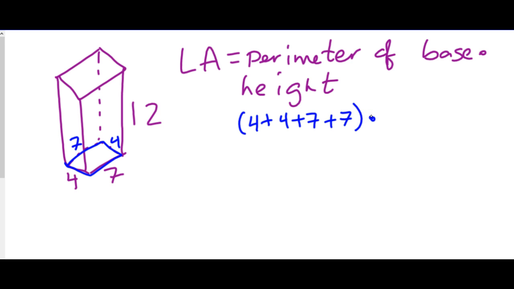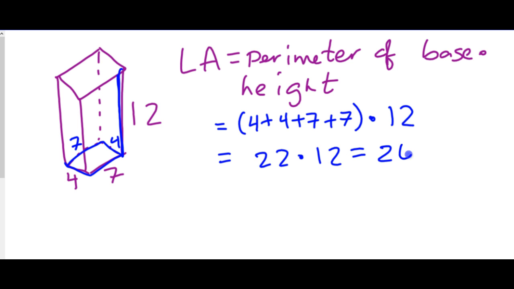Then we know that has to multiply by the height of the prism. The height is what connects the bases, so we'd have 12. So when we add that all together, we get 22 times 12, and we get 264. So that's just the lateral area.